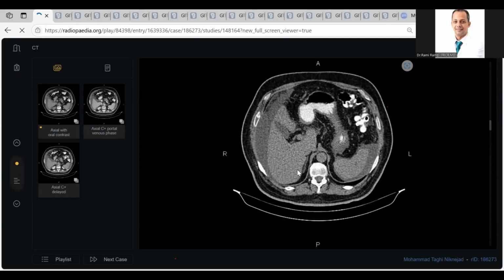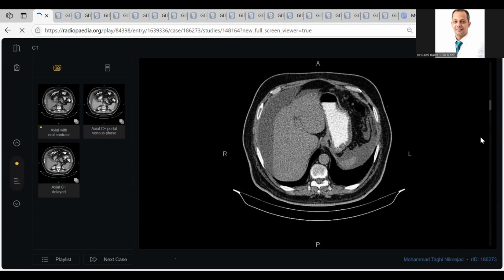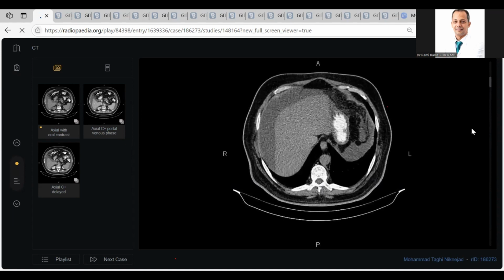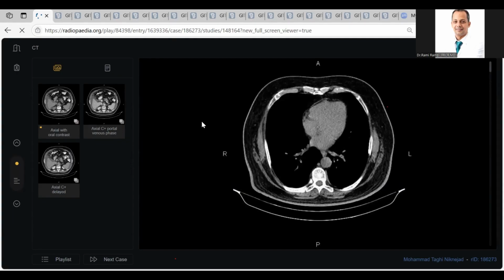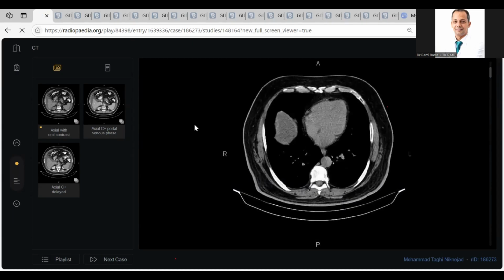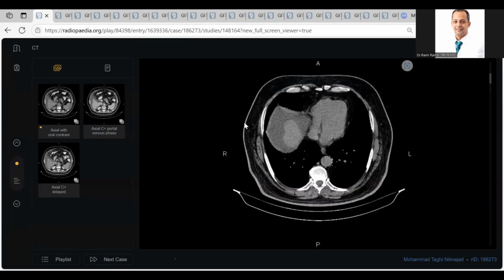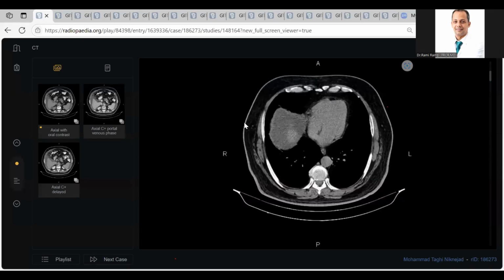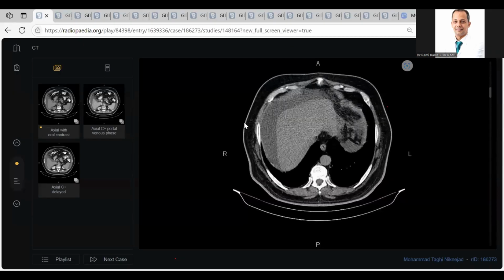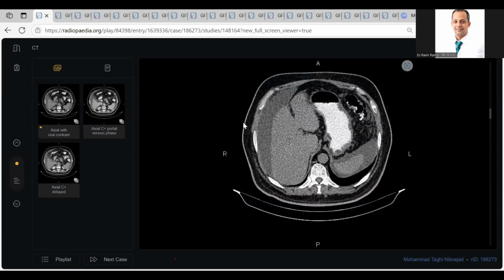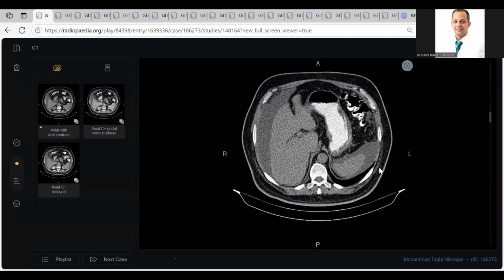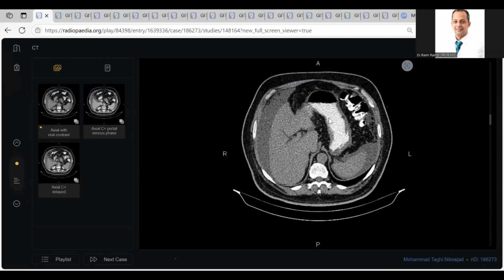Okay, so I'm presented with a CT scan, non-contrast, axial images, and I will first scroll to the top and then start commenting. I can see a moderate to gross amount of ascites, and the stomach is distended with oral contrast.